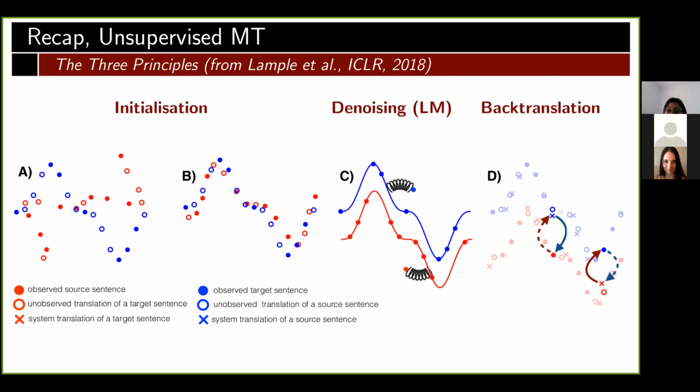And for back translation, the thing that we wanted to do is to use, at each point of the training, the current status of the system to translate the sentence in one language, then back translate it again to the original language and see the difference between the translated and the original sentence. And we would like this difference to be as small as possible.